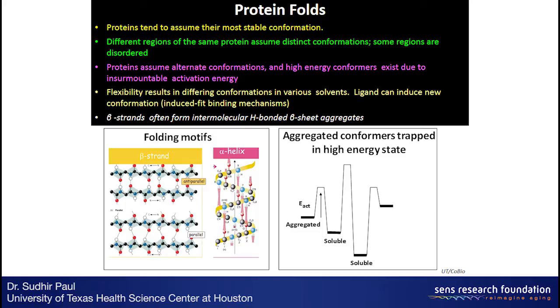They might be in the high energy state, but they are not convertible back to the soluble physiological state of the proteins. So in their soluble form, the proteins are called amyloidogenic. They have the potential to aggregate and form these amyloid plaques that I spoke of.